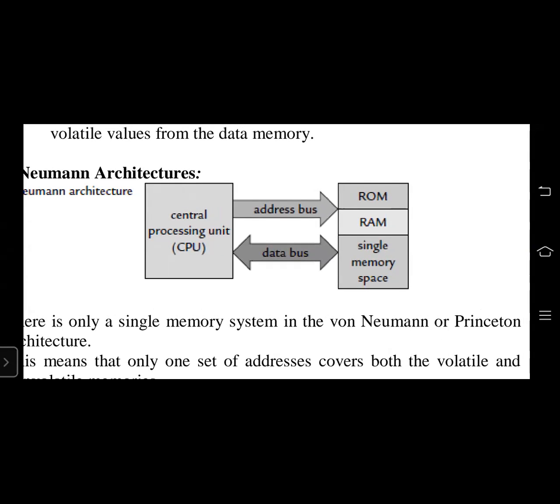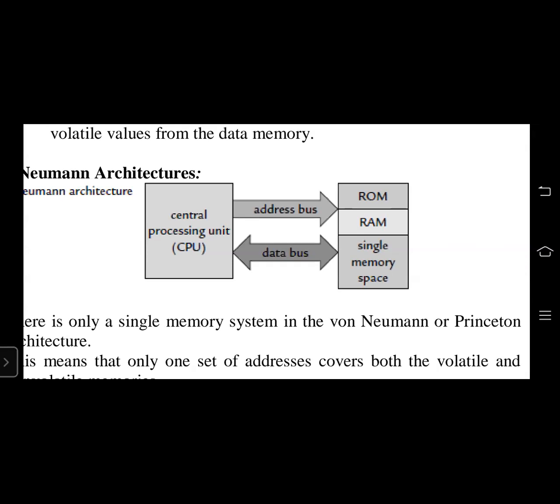So at a time, you can read only one thing in one cycle. Suppose the CPU wants to fetch from the memory, then either it can fetch the instruction or it can fetch the data, because you have only a single address bus and a single data bus.